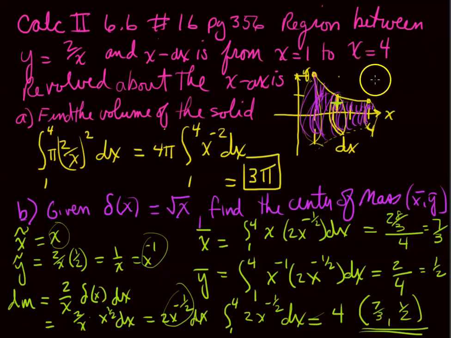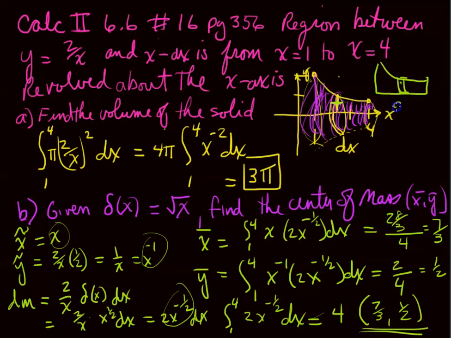And so I think what we were looking for as the center of mass was just that top piece there, because we were using the same thing they were using. This is just x for x tilde, and halfway up, that 2 over x for y tilde.